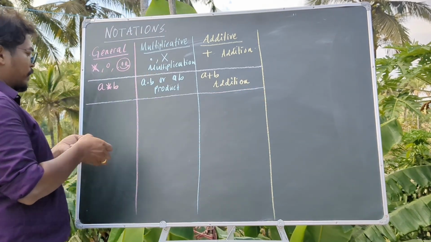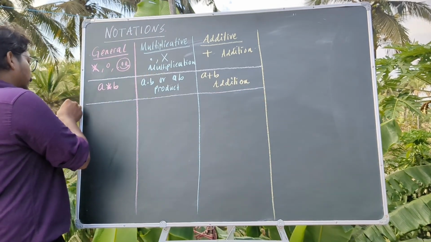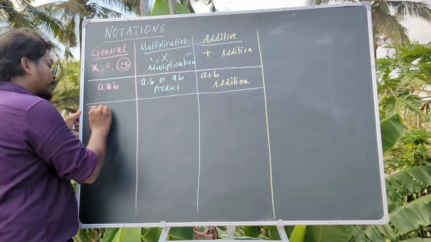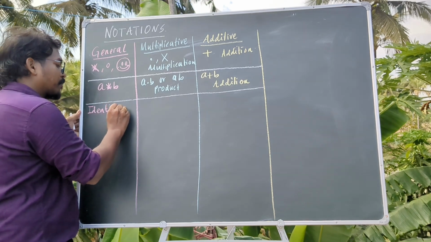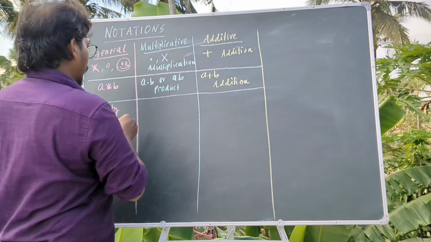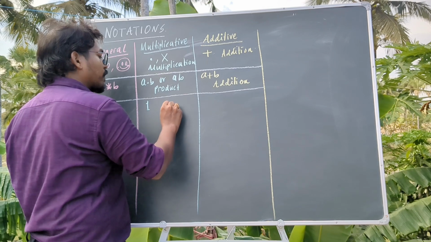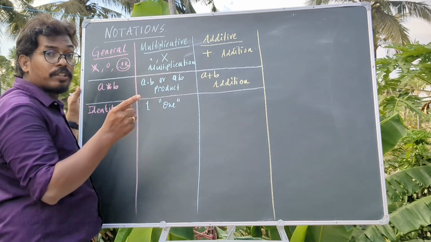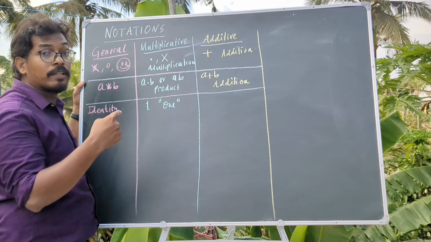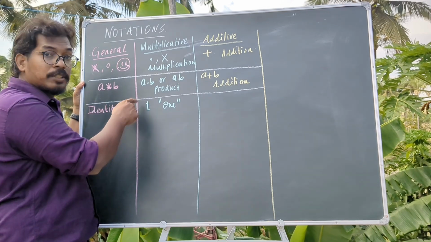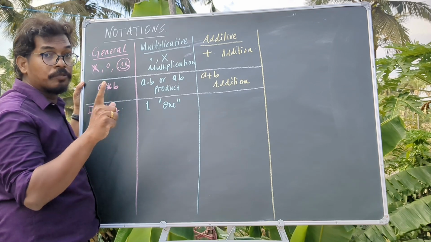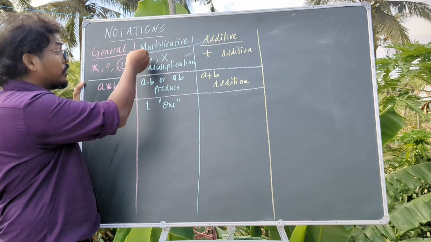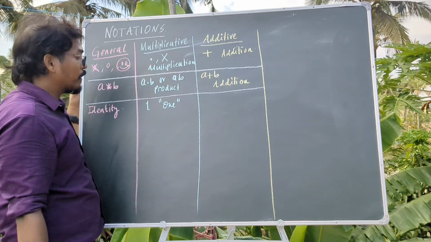Next we have the identity. We used to write the whole thing, identity. Here we will use 1. This symbol will represent the identity. 1 is not the integer 1 or the real number 1 we are familiar with. 1 stands for the identity of the group G, if G is our group, under the multiplicative notation.